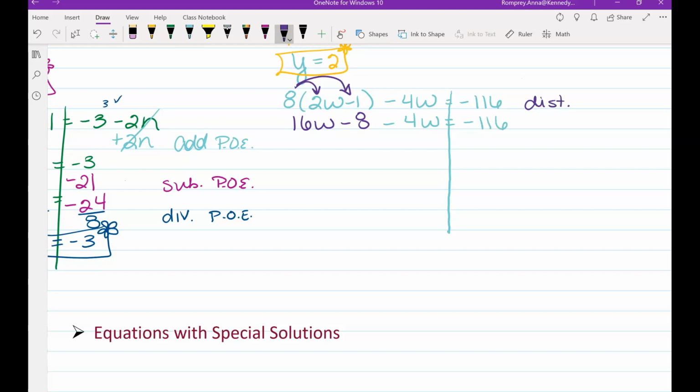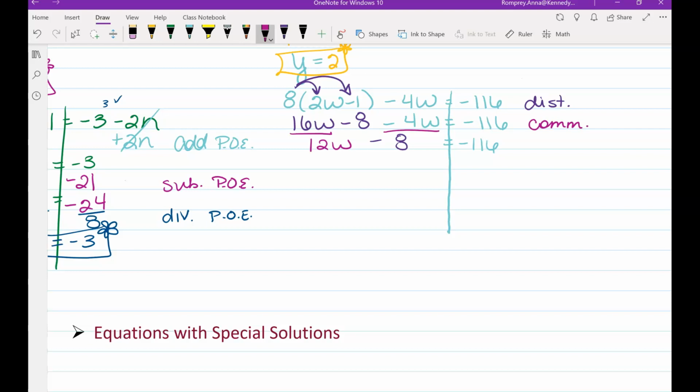What's next? Are there any like terms? Well, if I look, I got a 16w and a negative 4w. So that leaves me with 12w minus 8 equaling negative 116.